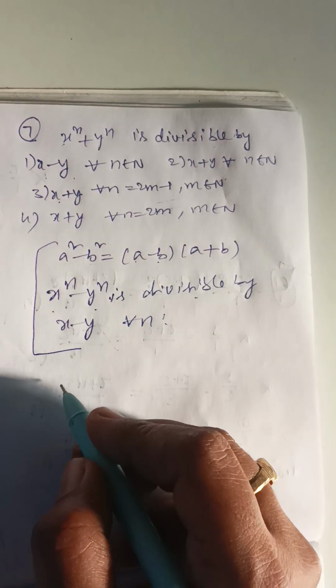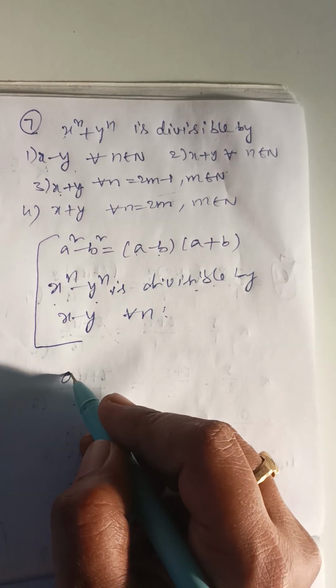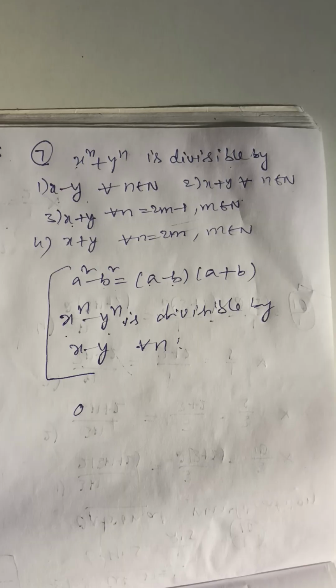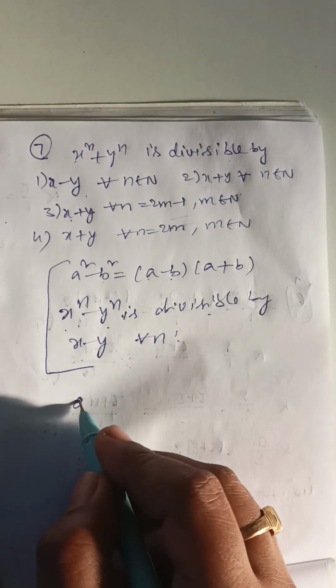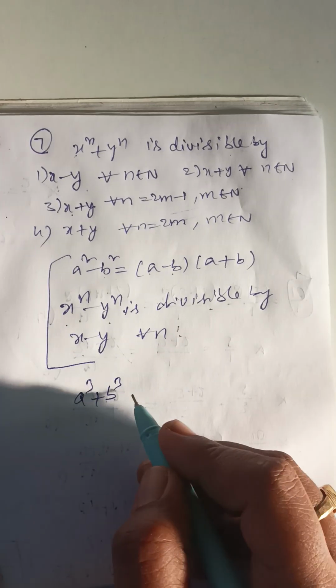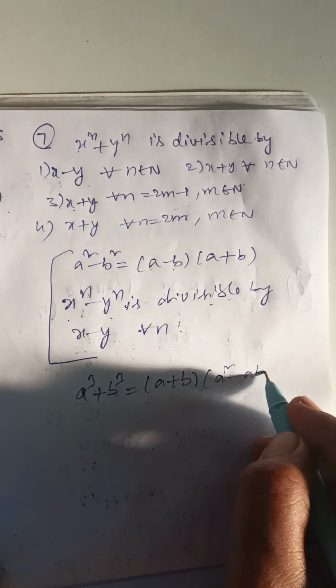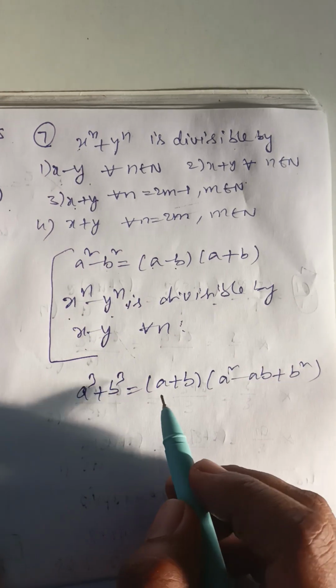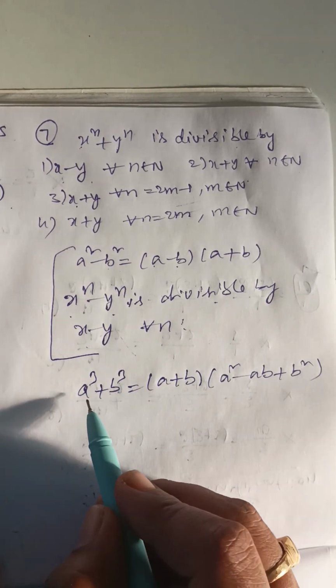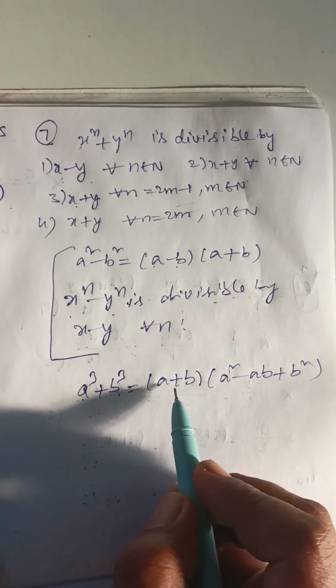Okay, then a cube plus b cube can be written as a plus b into a square minus ab plus b square. So these are the factors. So a cube plus b cube is divisible by a plus b.